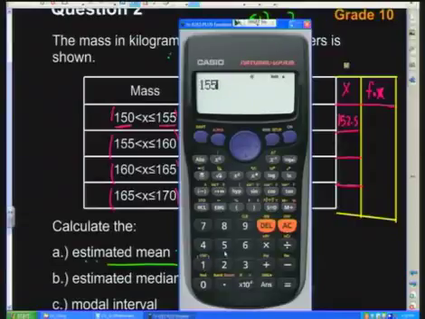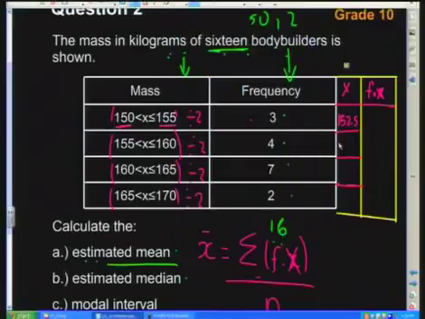It's 155 plus 160. And yes, guys, you do have to show all of these workings. You get marks for this. So just working it on your calculator, because your calculator obviously can work out the midpoints for you, but you need to show all of your workings. So this one was 157,5.